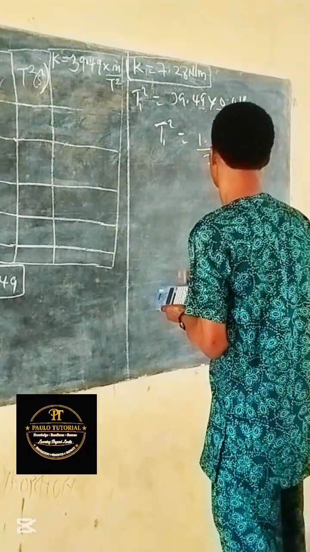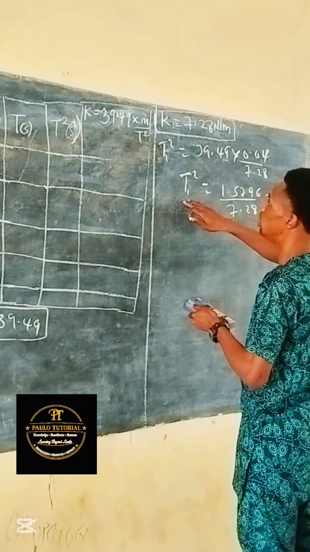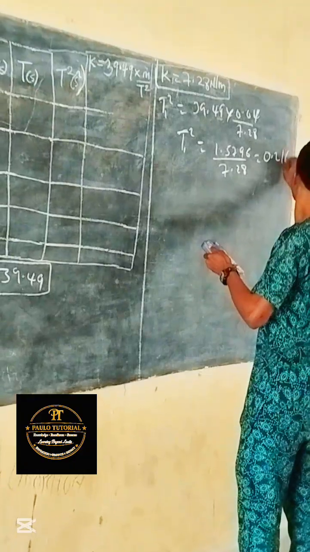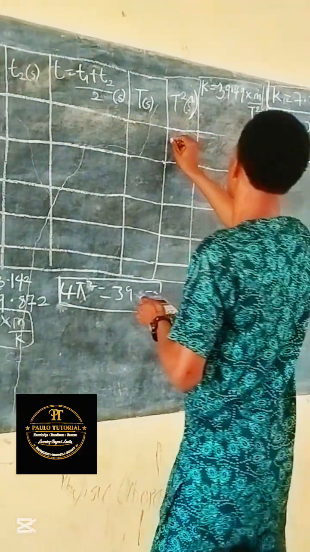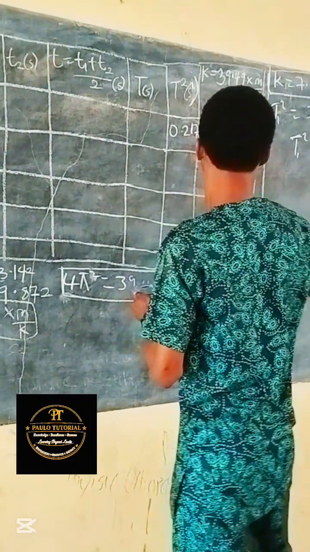So that will give me 0.217. It must be in 3 decimal places. Take note of that.